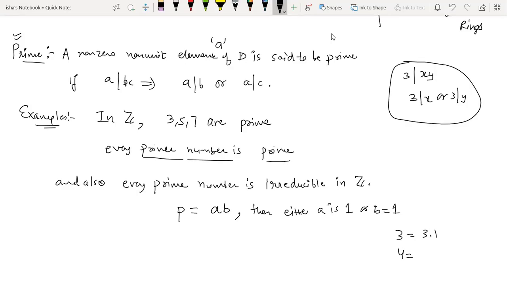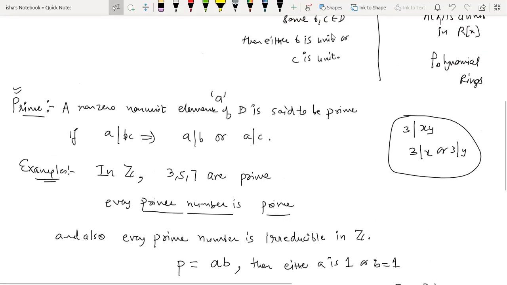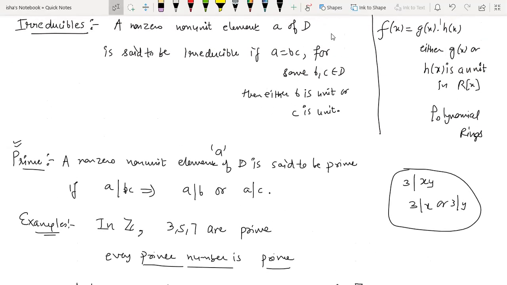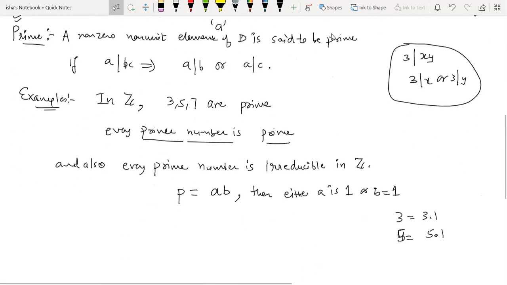5 can be written like 5 into 1 if you talk about the unique factorization of them. Whenever you try to factor them, one of them has to be a unit. That is the definition of an irreducible element: whenever you try to write a number as a product of two elements and one of them happens to be a unit, that element is irreducible.